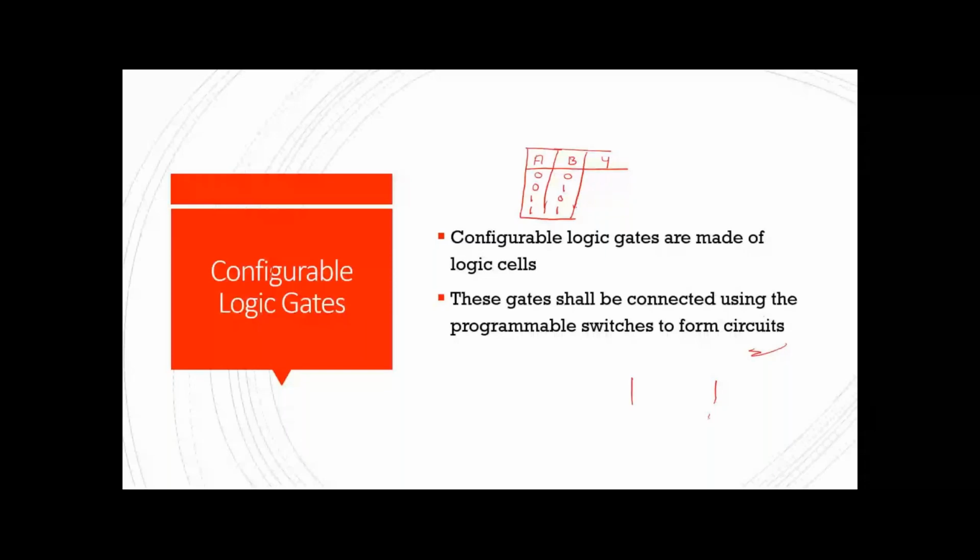Now this particular Y: if it is an AND gate, it will be 0, 0, 0, 1. If it is an OR gate, it will be 0, 1, 1, 1. So based on the gate, this Y is going to change, while the possible combinations of inputs remain the same.